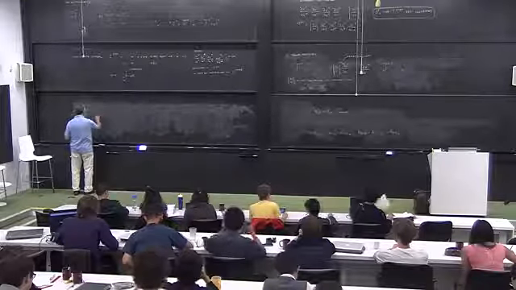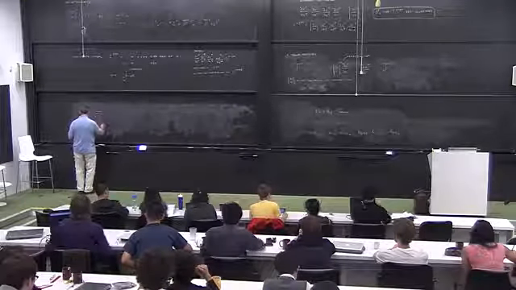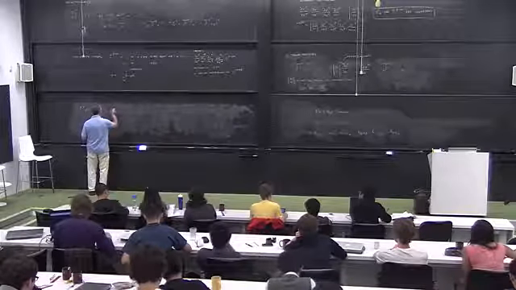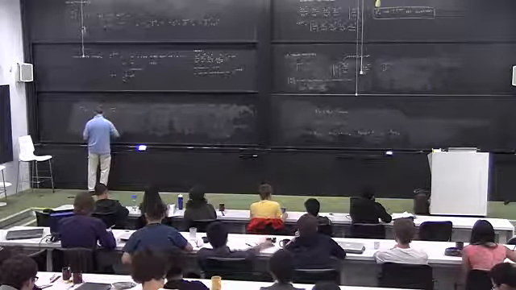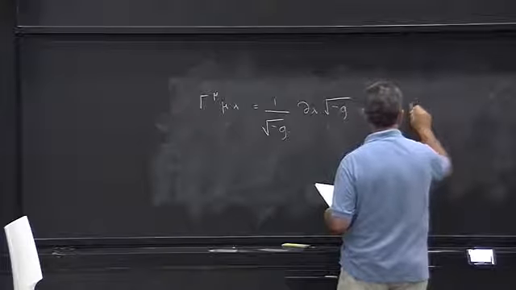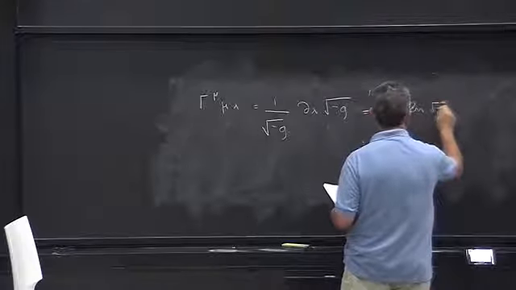That's 1 over the square root of minus g, d by d x^lambda of the square root of minus g, which is the same thing as d by d x^lambda of the logarithm of the square root of minus g.